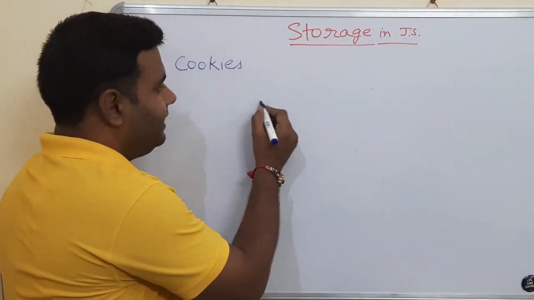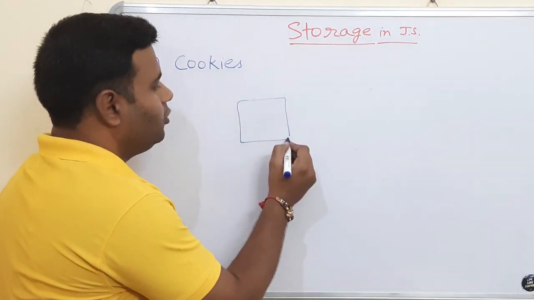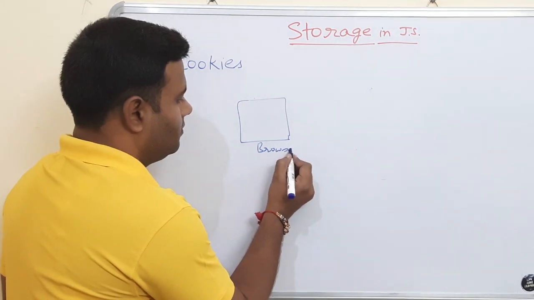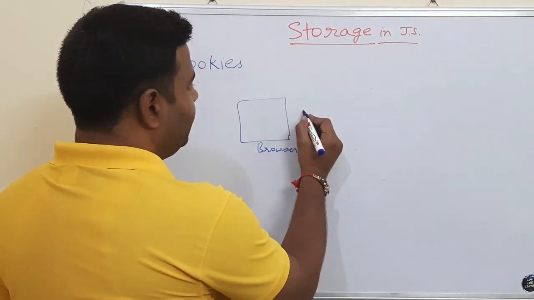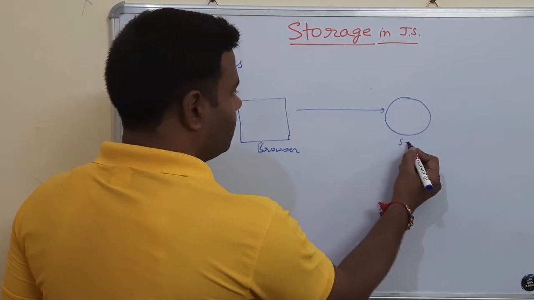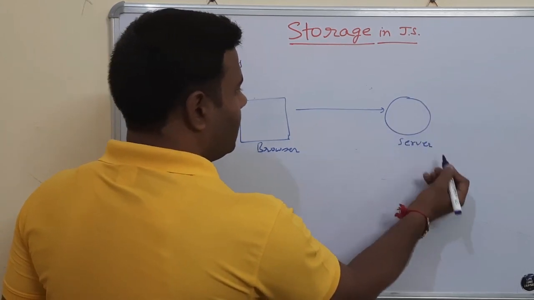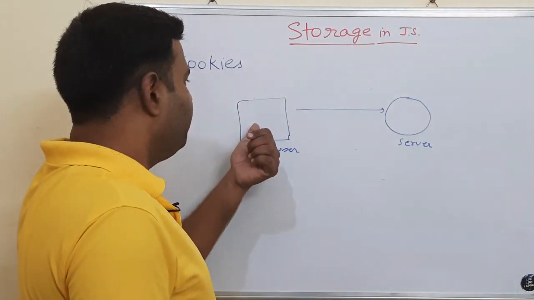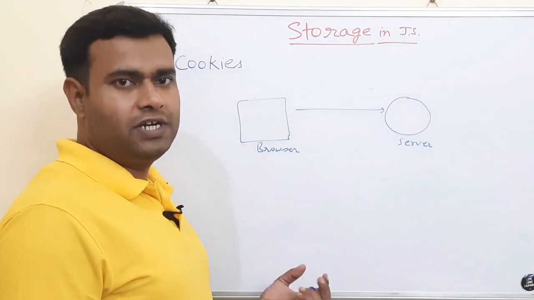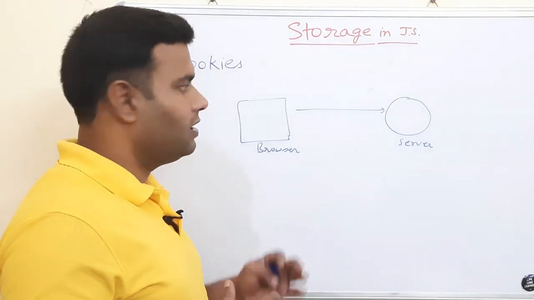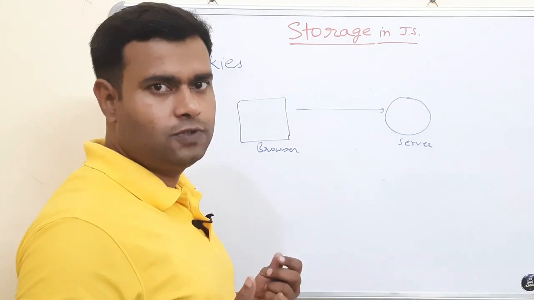So you have a client, and client is your browser, right? And it is contacting some server. Now let's say this server needs some information on which particular page you have visited, or from which page you came to the new page.